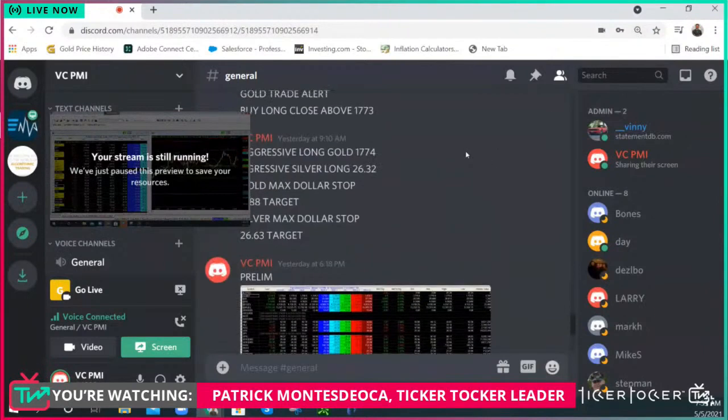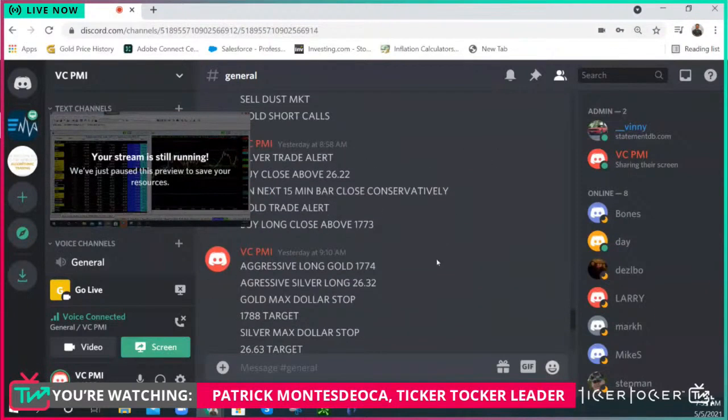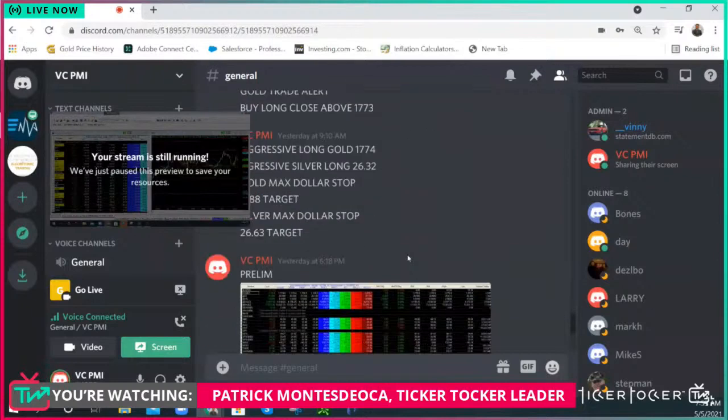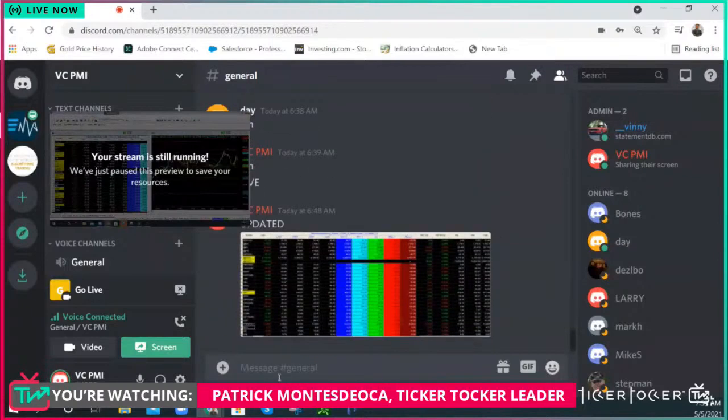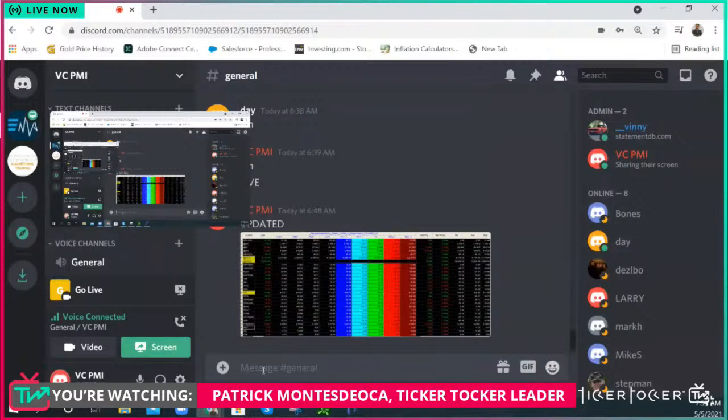And these targets were announced pretty much last night. Yesterday, actually, at 9:10 a.m. And these targets now have been completed.